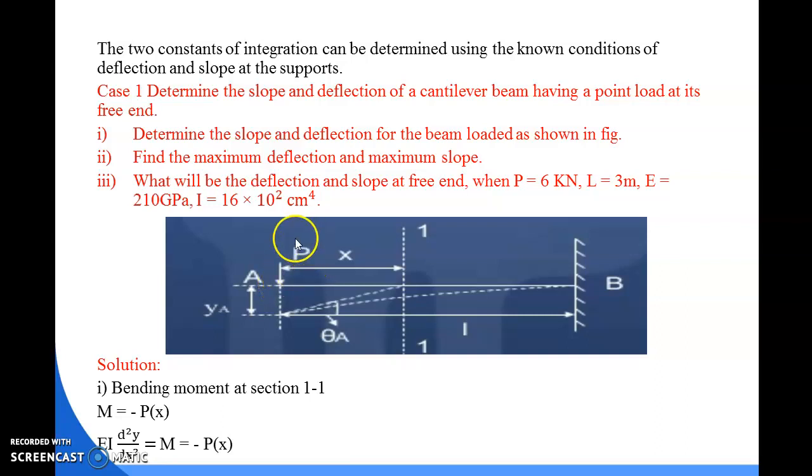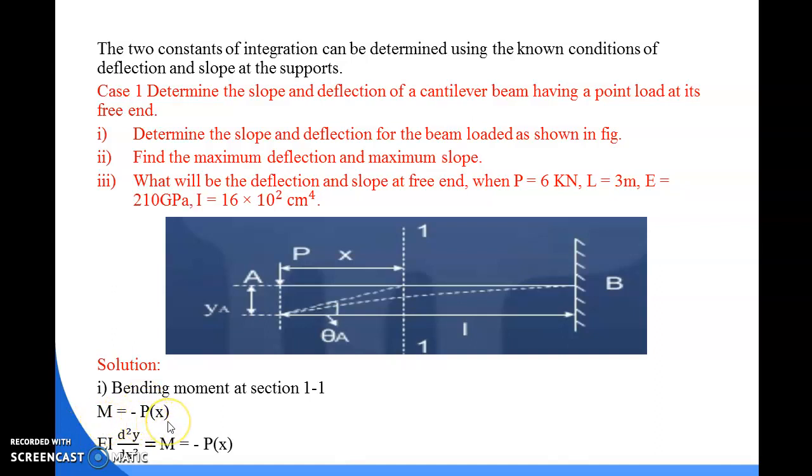If P is downward, it gives a hogging moment towards the 1-1 section. Due to the hogging moment, the sign of the bending moment should be negative. So the bending moment for the 1-1 section is equal to minus P into x.